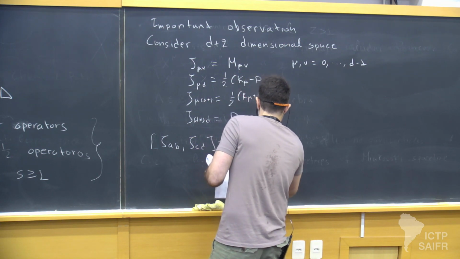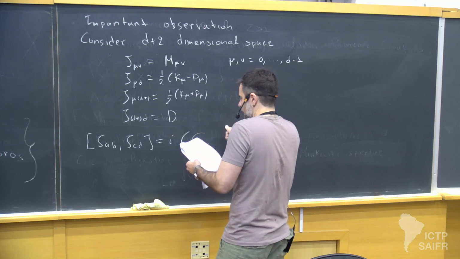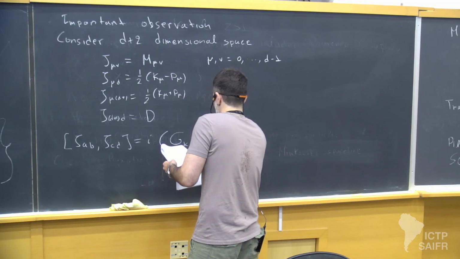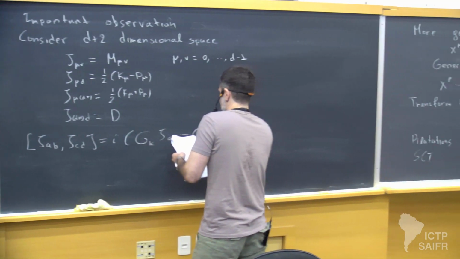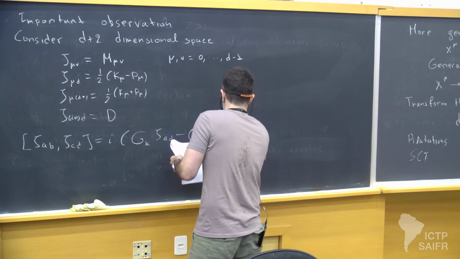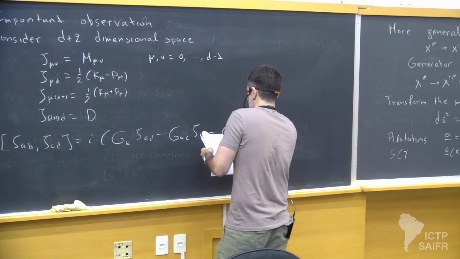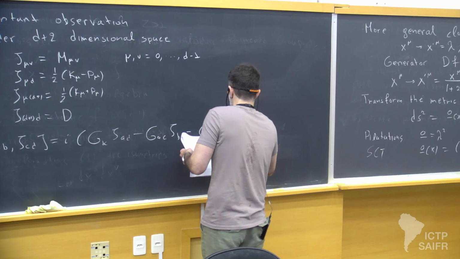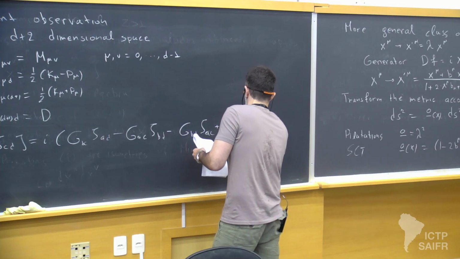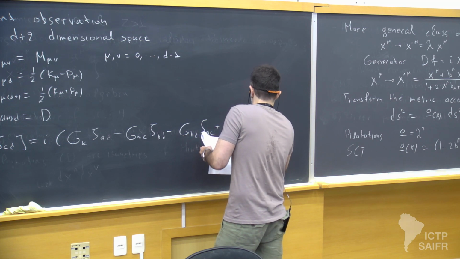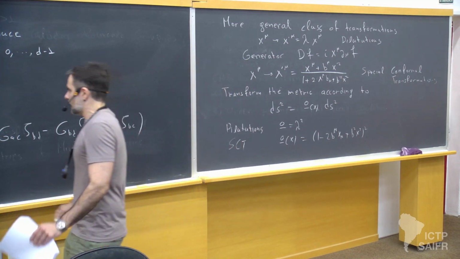You will discover another object, G, which is just a bunch of numbers: J_AD minus G_AC J_BD minus G_BD J_AC plus G_AD J_BC.